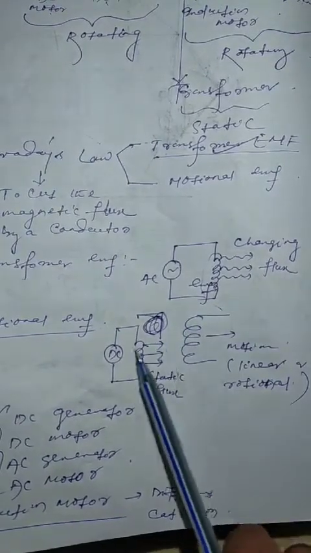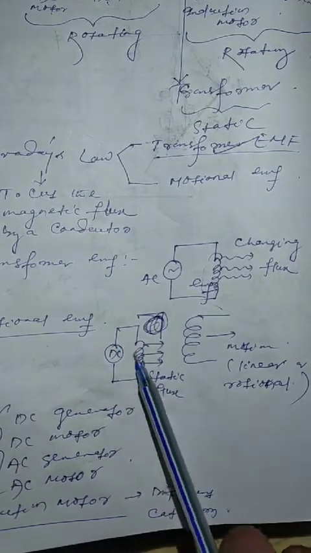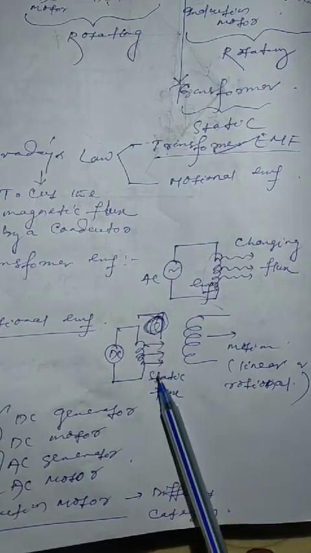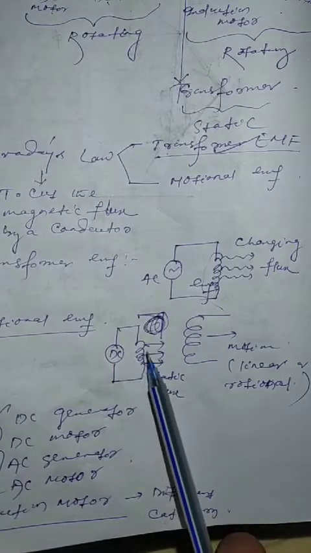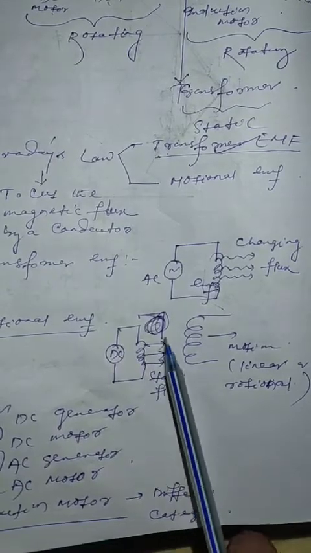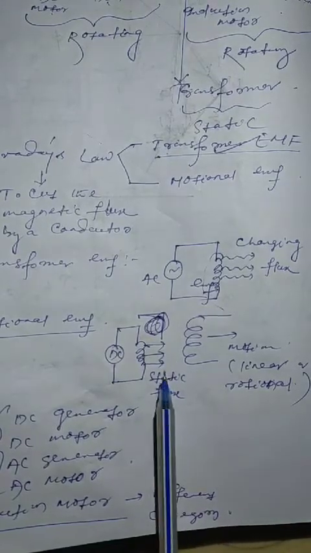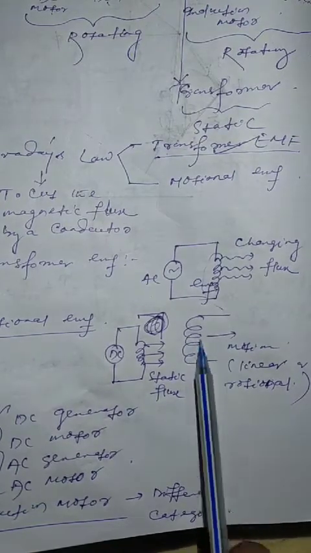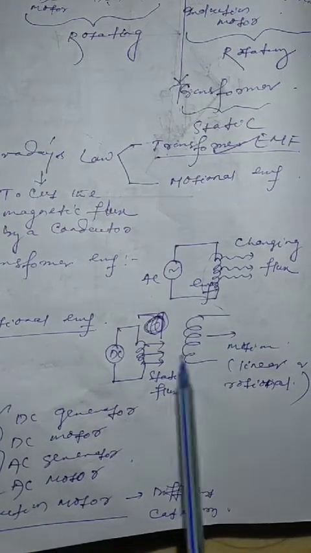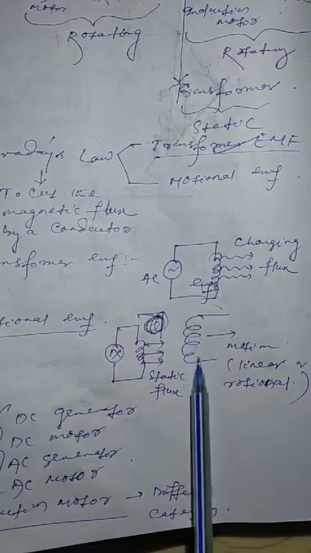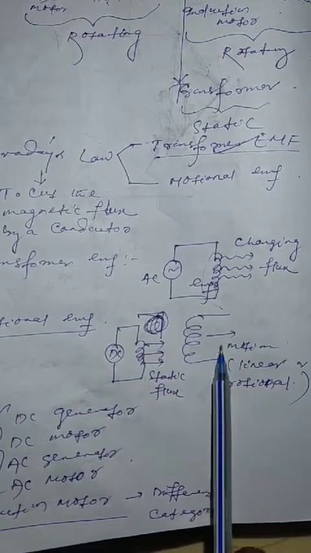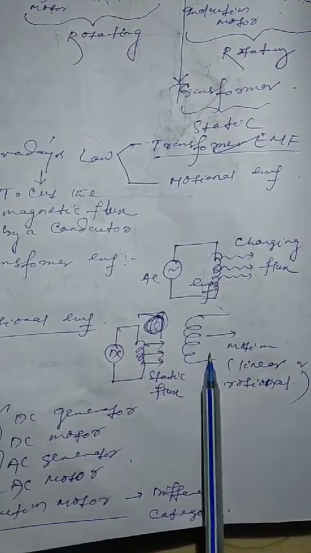What is the motional EMF? As I told you, you have to give a DC supply to a conductor or coil. While giving a DC supply to a coil, a static magnetic field is produced, and once you move a conductor in front of this static magnetic field, either you can move or you can rotate it, clear? According to the way you want to produce the induced EMF.